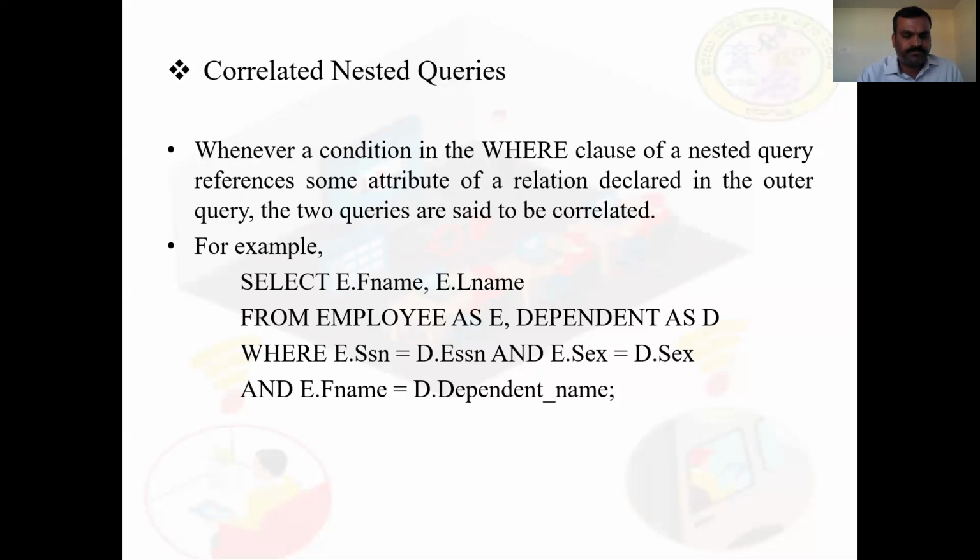For example, select e.fname, e.lname. Here employee is a table name, e is its alias, and fname is a column name, meaning attributes, from employee as e, dependent as d, where e.ssn equals d.ssn.